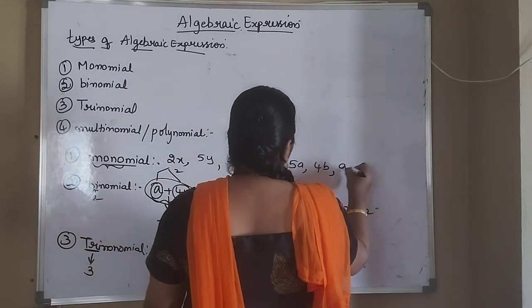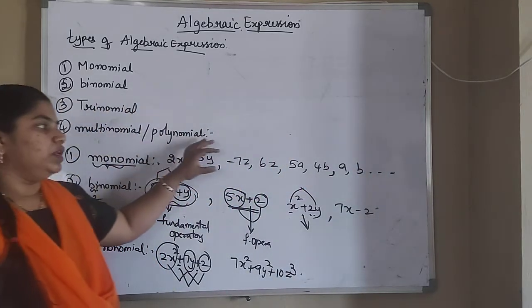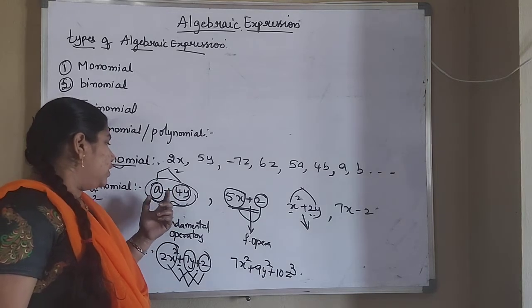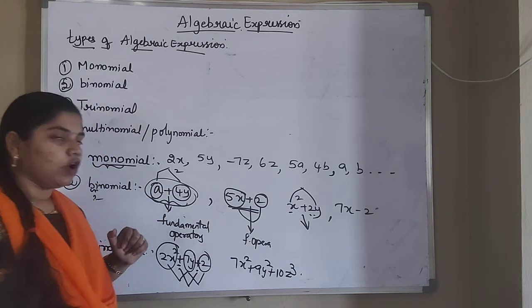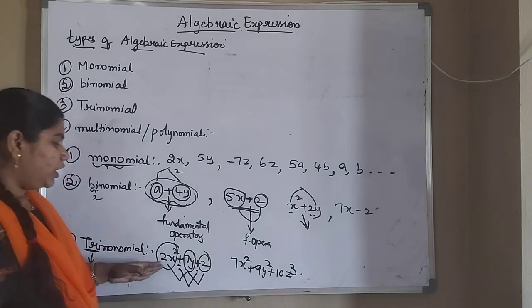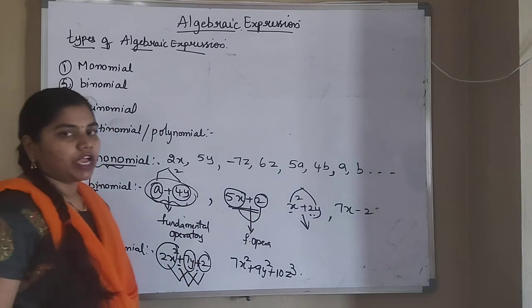It can be a, it can be b and so on. Binomial means it will be combined with two terms. Two terms combined with a fundamental operation, we will call it a binomial. Next, trinomial means three terms combined with fundamental operations, we will call it a trinomial.